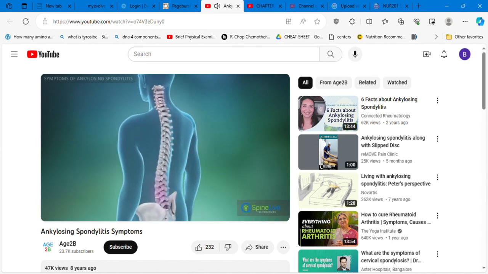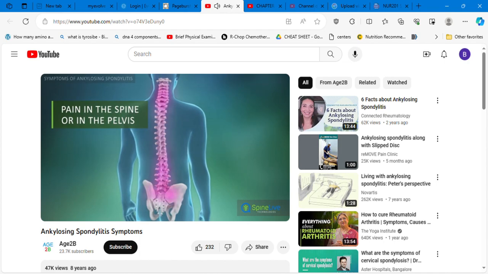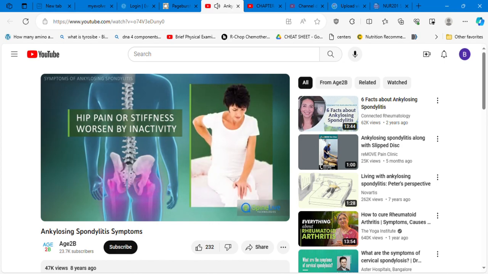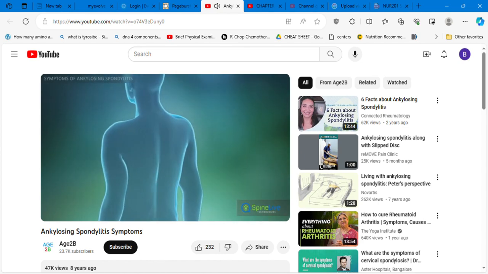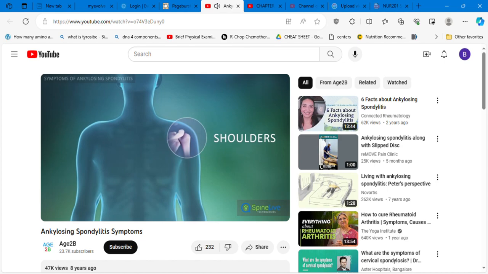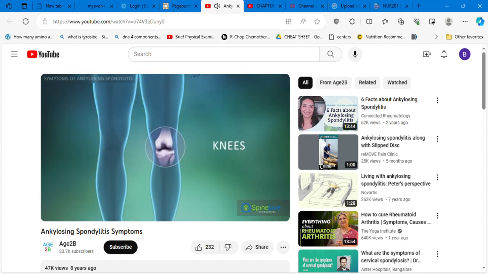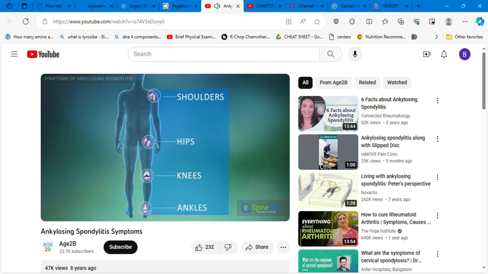Early symptoms of ankylosing spondylitis can include pain in the spine or in the pelvis, hip pain or stiffness, made worse by inactivity. Arthritis in joints such as the shoulders, hips, knees, and ankles also can go along with ankylosing spondylitis.